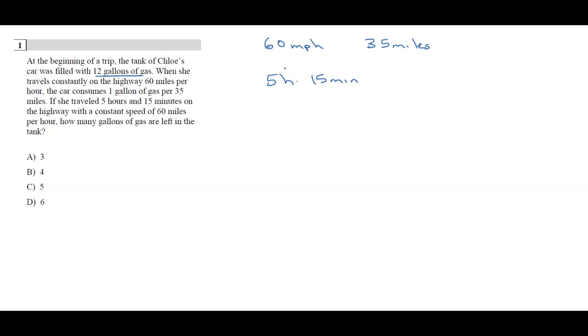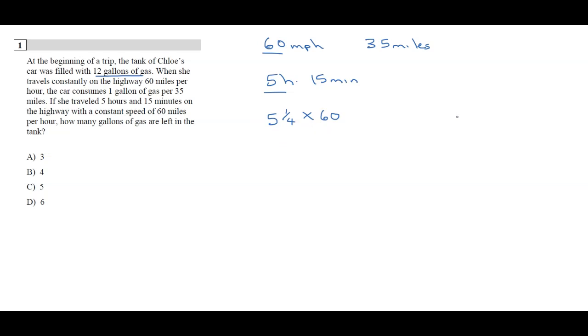So she travels 60 miles per hour for 5 hours and 15 minutes. What I like to do is convert to a fraction. For some of you that like decimals, you can do that as well. So for me here, this is 5 hours and 1/4 of an hour. So 5 1/4 hour multiplied by 60 is going to give us how many miles she has traveled.